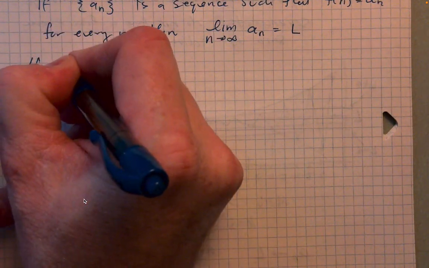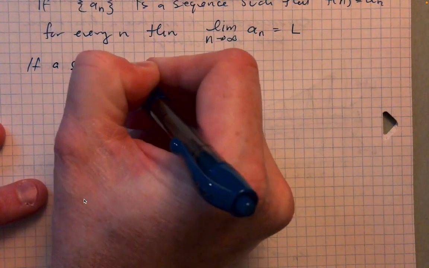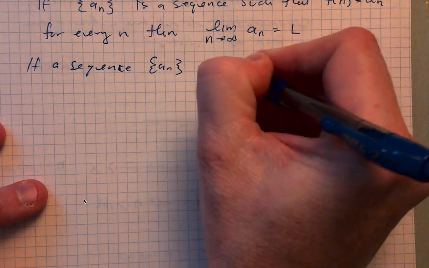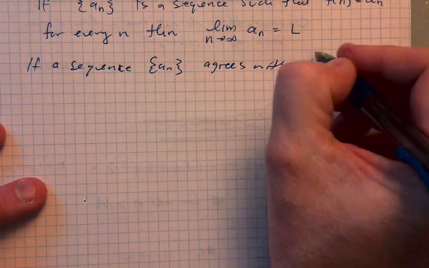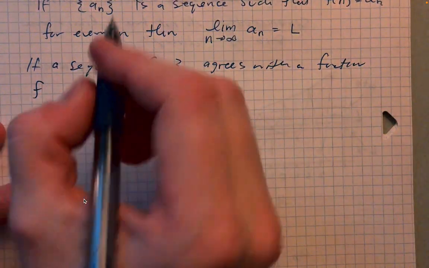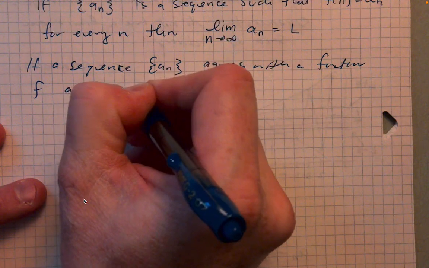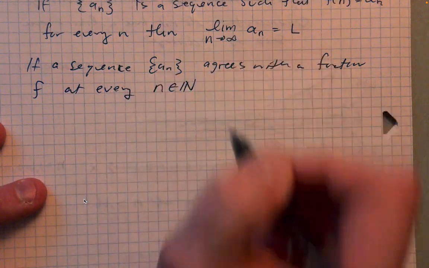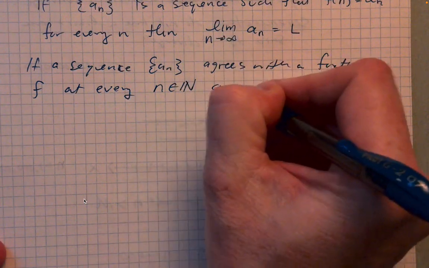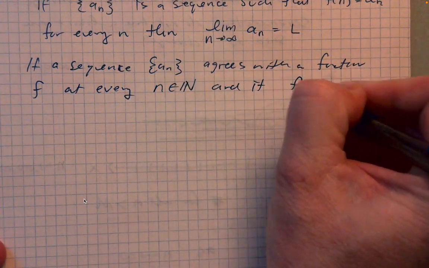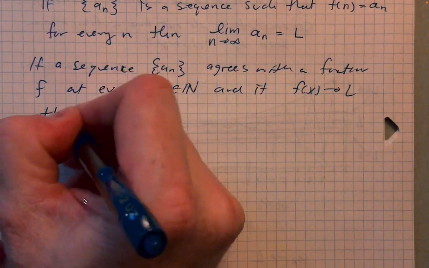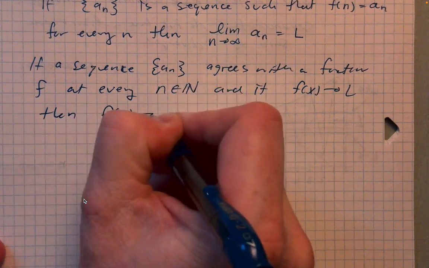So if a sequence a of n agrees with a function f at every natural number, so 1, 2, 3, 4, 5, 6, all of those natural numbers, and if f of x approaches some limit as x grows to infinity, then obviously f of n is going to approach the same limit.